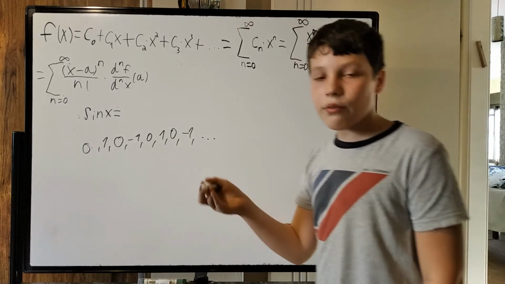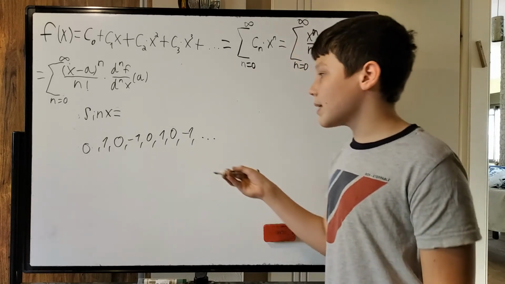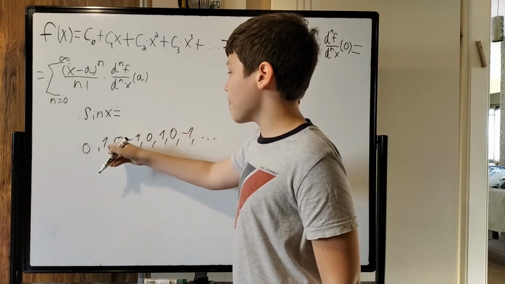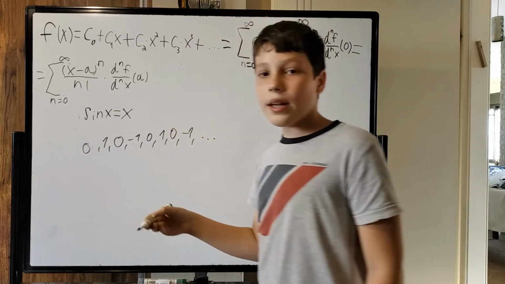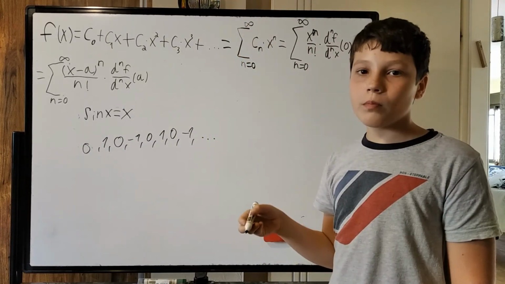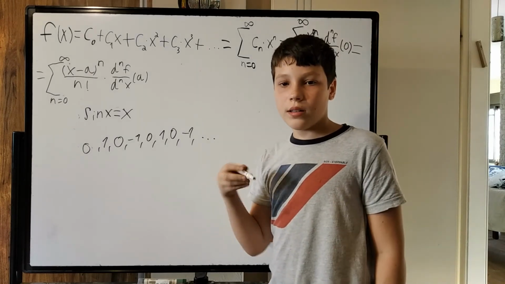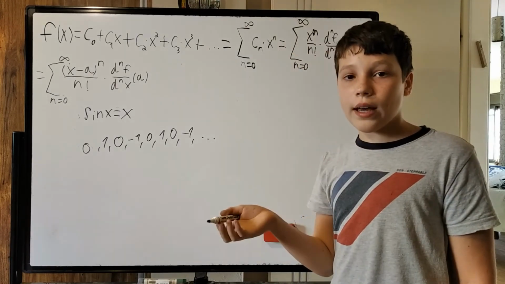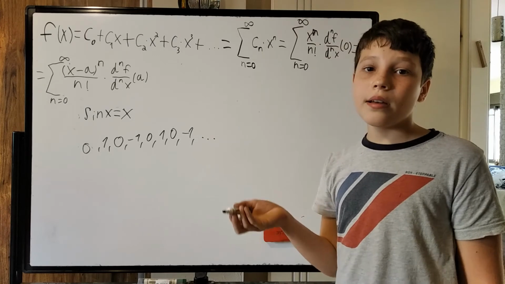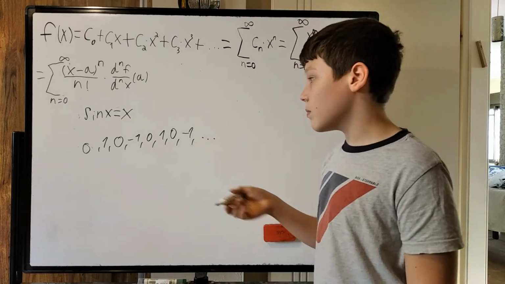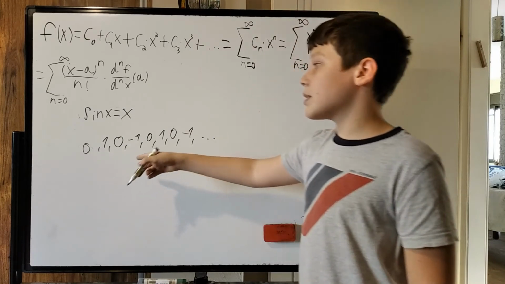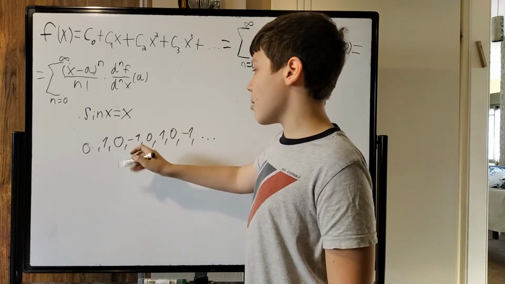This first derivative of the function evaluated at 0 times x. So it's going to be, since it's 1, just x. Then the next one is going to be 1 over 2 factorial times x squared times the second derivative evaluated at 0. Second derivative evaluated at 0 is 0, so I won't write that down.